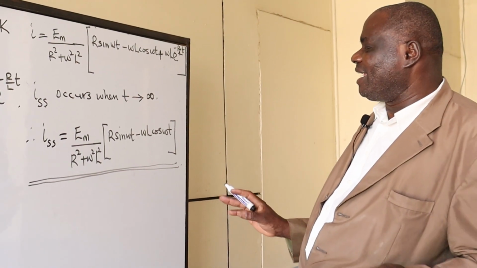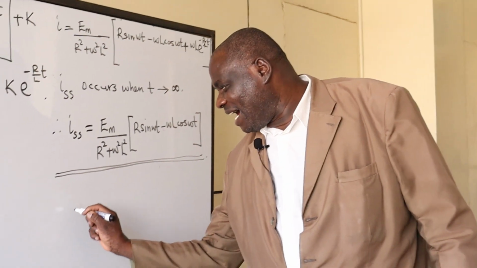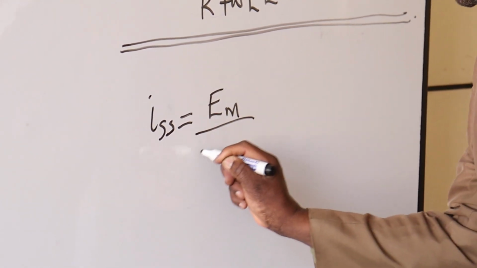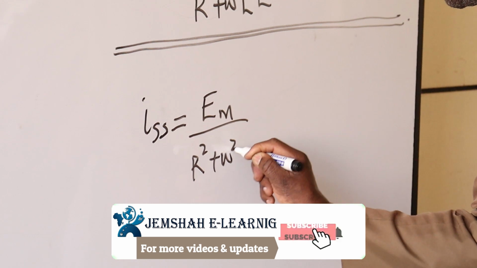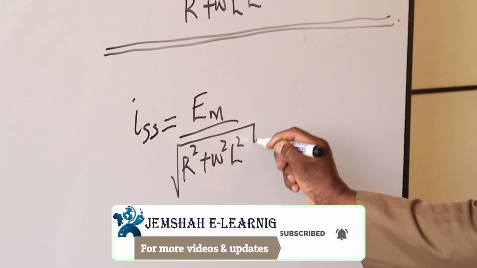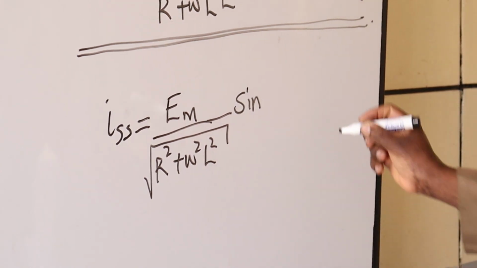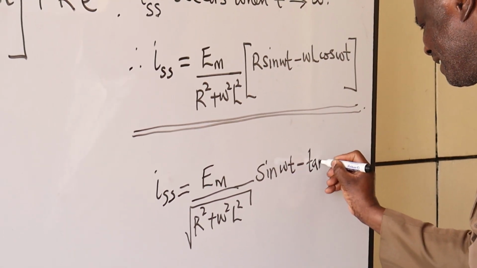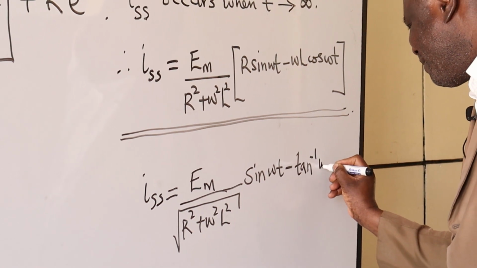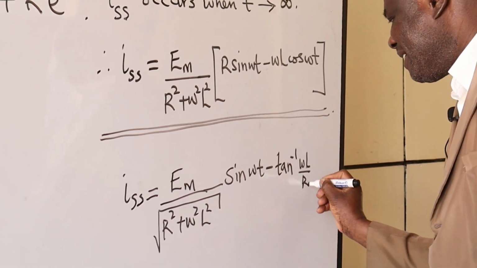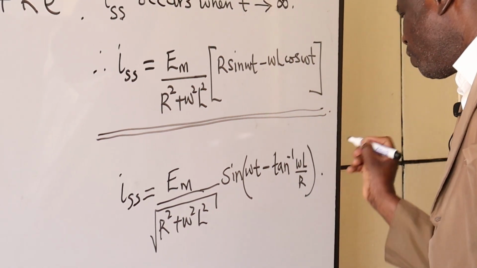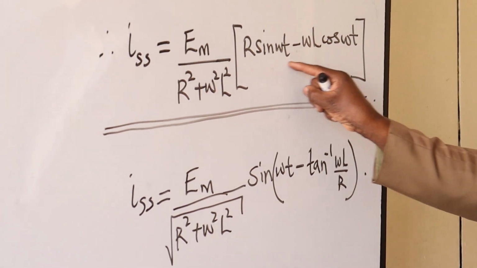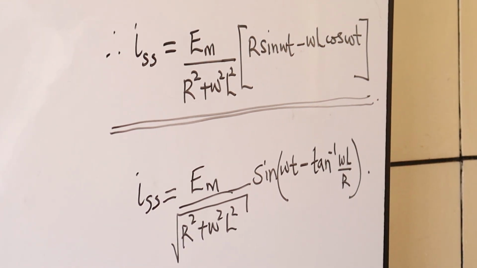So if that one is created, then we can say I steady state will be equal to Em all over the square root of R squared plus omega squared L squared, now multiplying sine omega t minus tan inverse of omega L all over R. So that is the expression derived from here up to there, putting the terms in this bracket in a sinusoidal form.